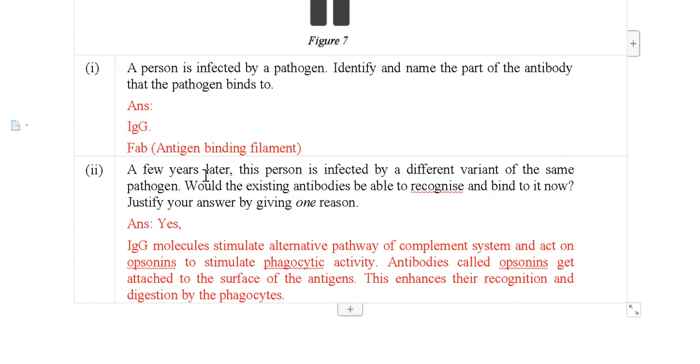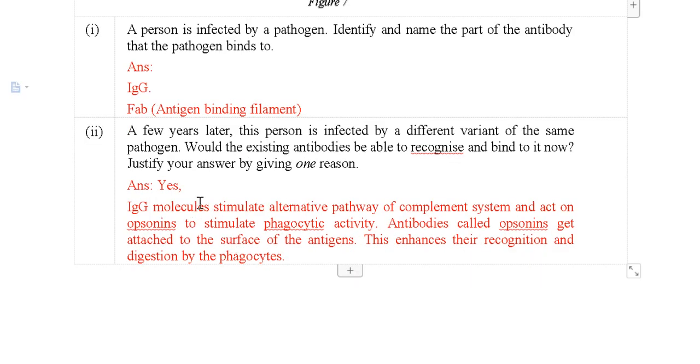Next, a few years later, this person is infected by a different variant of the same pathogen. Would the existing antibodies be able to recognize and bind to it now? Justify your answer by giving one reason. So the answer is yes.